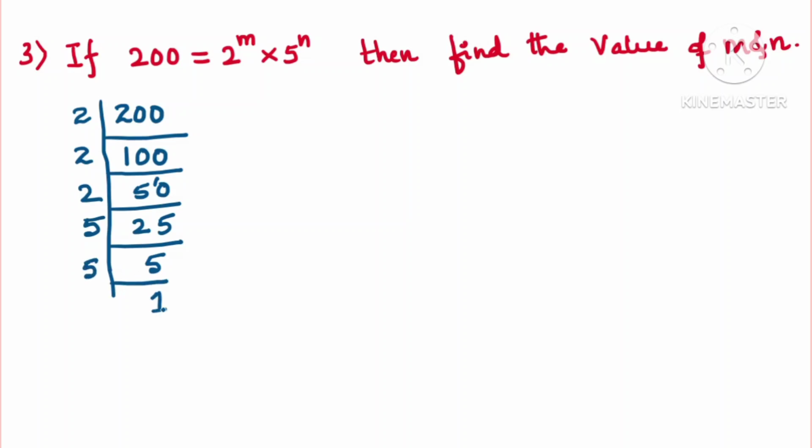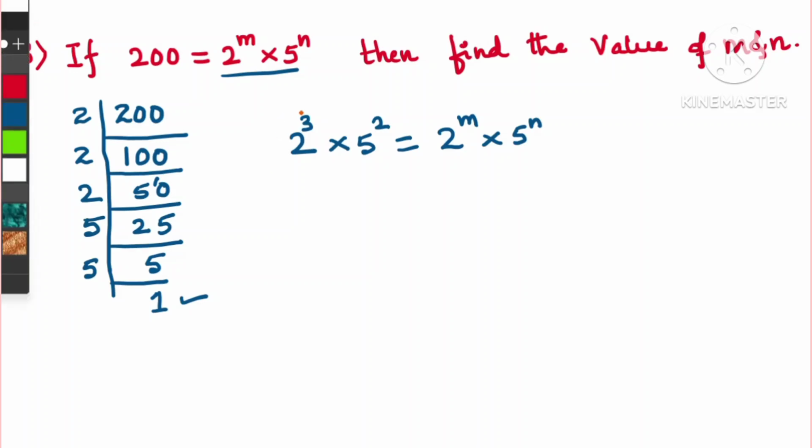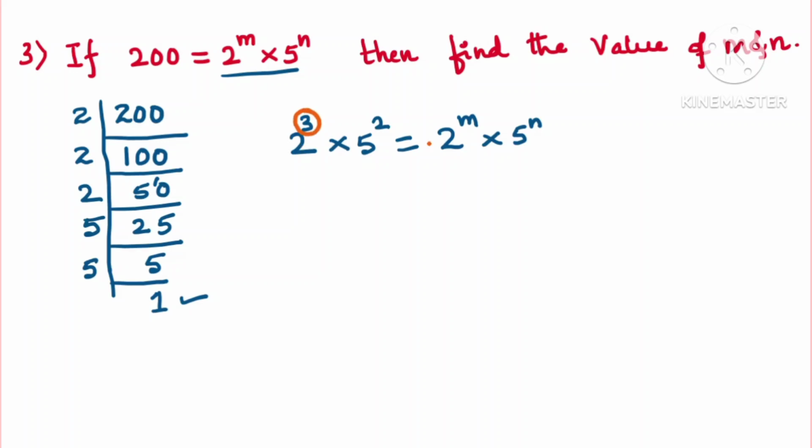I told you that we need to keep on dividing until we get 1. Now we have 2 three times, 1 2 3. So 2 raised to 3, into 5 we have 2 times, so 5 raised to 2. So when we compare this with the given number 2 raised to m into 5 raised to n, you can see that 2 raised to m, this is 3, therefore the value of m is going to be 3.